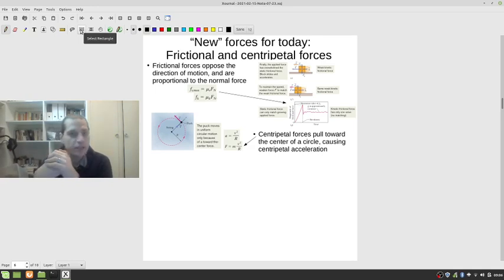But in this class, we're dealing with everyday examples of these, which manifest at a much higher level than those fundamental forces. So the frictional force is an example of a force that's at its heart an electronic force.